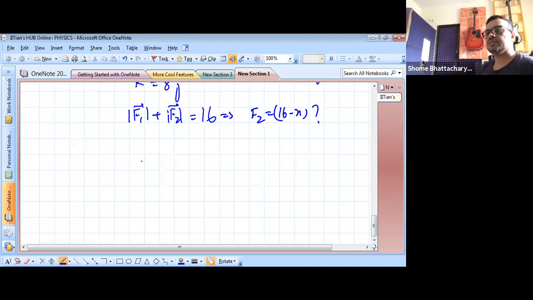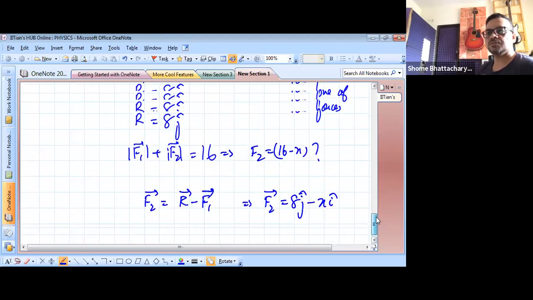So then we would have said that F2 is equal to the resultant minus F1. So F2 would have become 8j cap minus x i cap. We just assume, okay, this is an assumption.